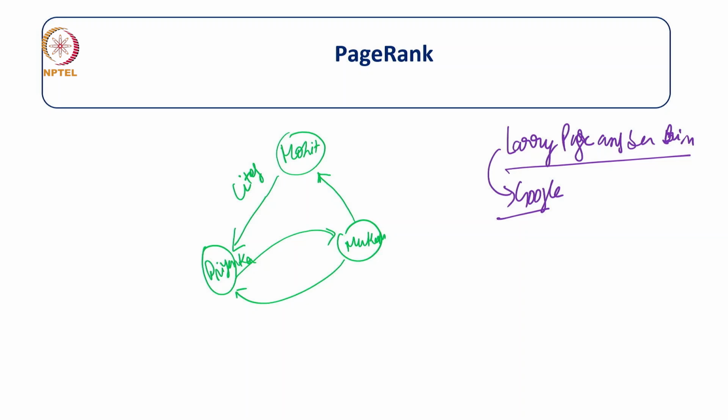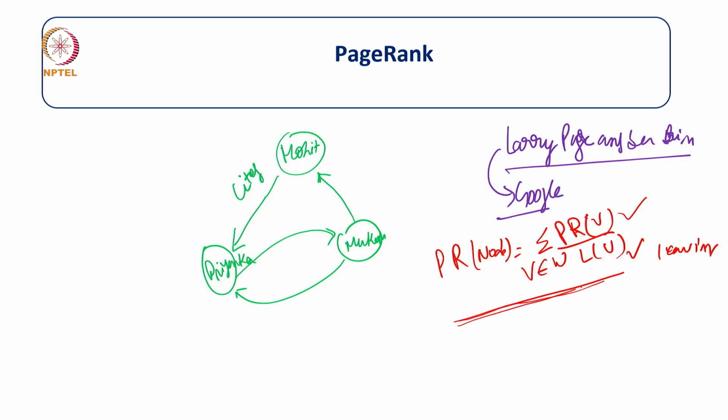Now to calculate the PageRank of a node, there is a formula. This is the formula of the PageRank of a given node. It uses the PageRank of the node from where the input link is coming, and the number of leaving links. Let's calculate the PageRank of all the 3 nodes here.